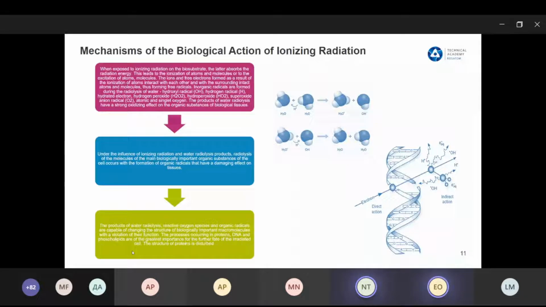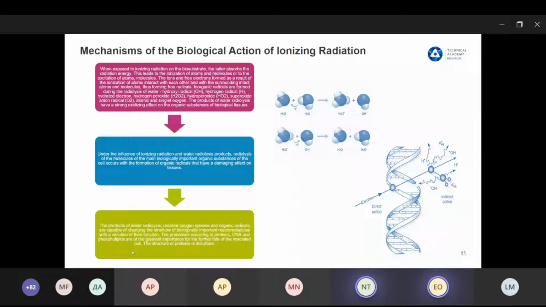Mechanism of biological actions of ionizing radiation. When a biosubstrate is exposed to ionizing radiation, the latter absorbs the radiation energy. This leads to the ionization of atoms and molecules, that is, the loss of an electron by an atom.